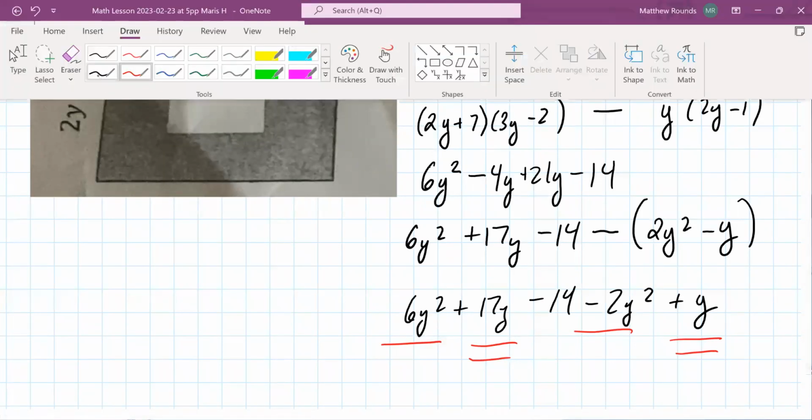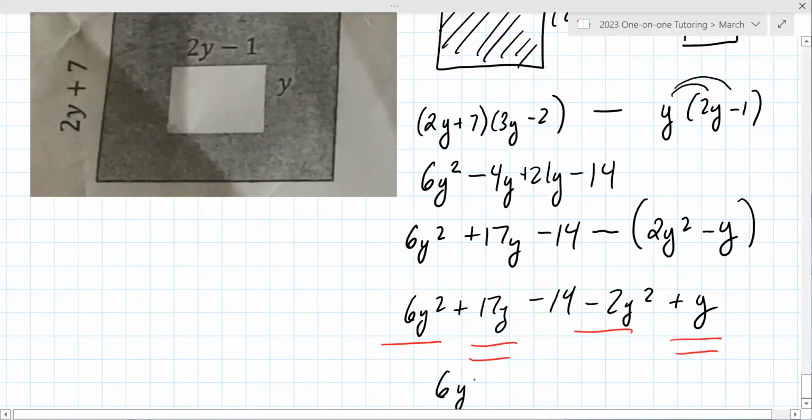Okay, so it would become... It's not right. 6y squared plus... So the 6y squared goes with the minus 2y squared. Oh yeah, I see now. Yeah.